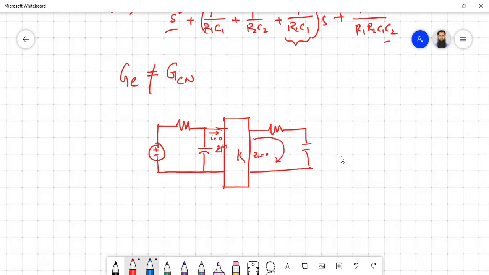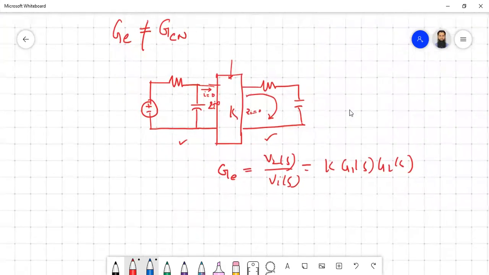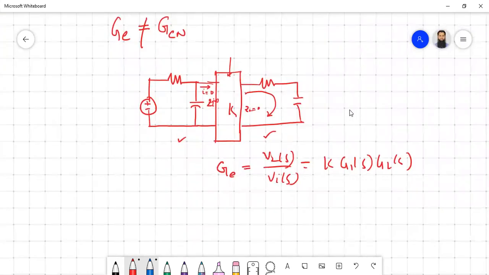So one branch is not actually loading the other branch, but this will have an impact as a gain. If your amplifier has a gain K, then your equivalent network will have V2S by V1S equal to K into G1S into G2S. Now, for simplicity, if your gain is 1, then K can be 1, and your problem is solved, no gain.